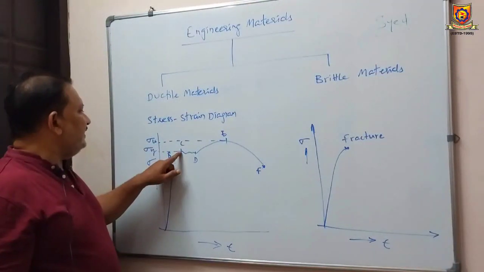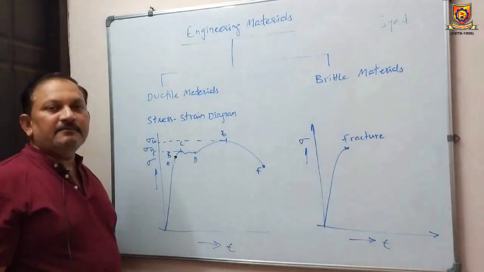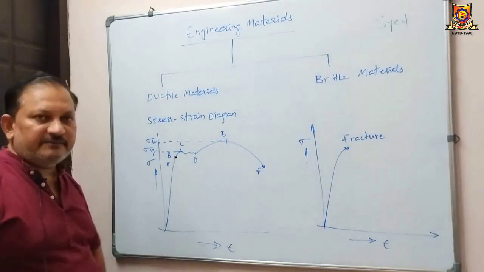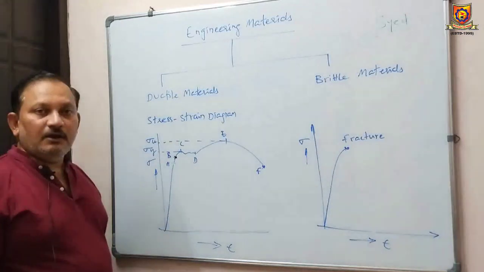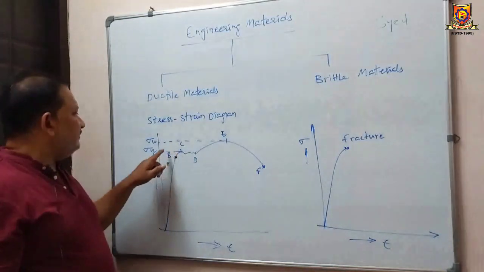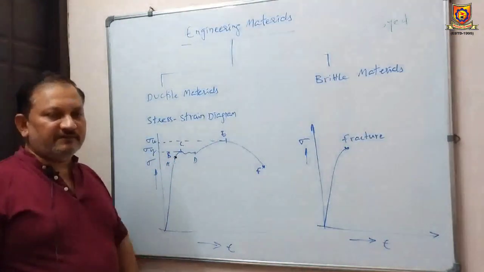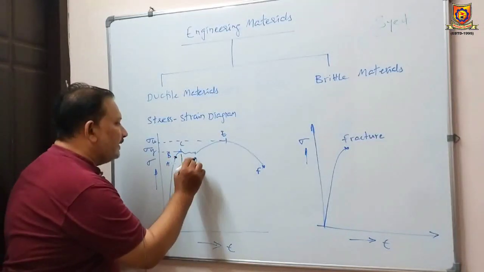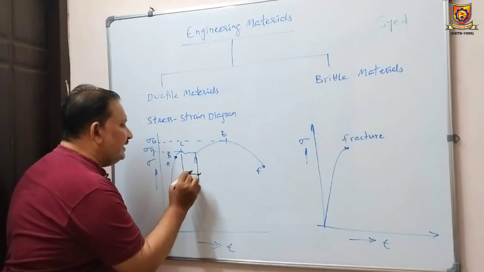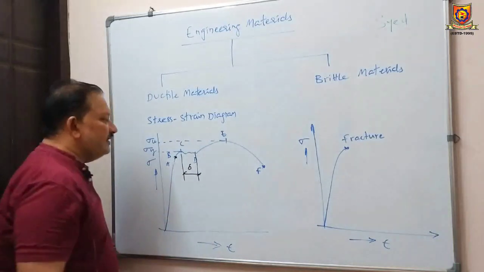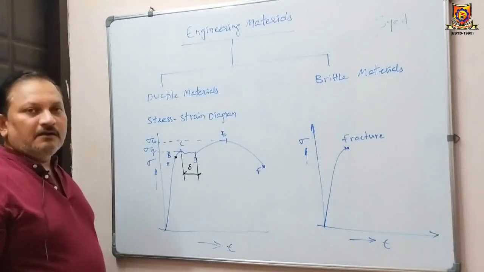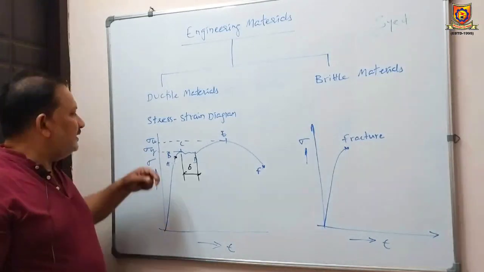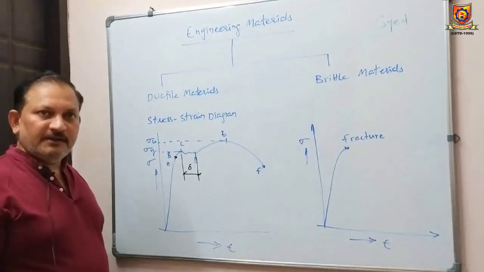The points C and D are called the upper and lower yield points, and the corresponding stresses are called yield stresses. Here we can notice one thing. There is a kind of deformation, or strain, without appreciable increase in the stress level.